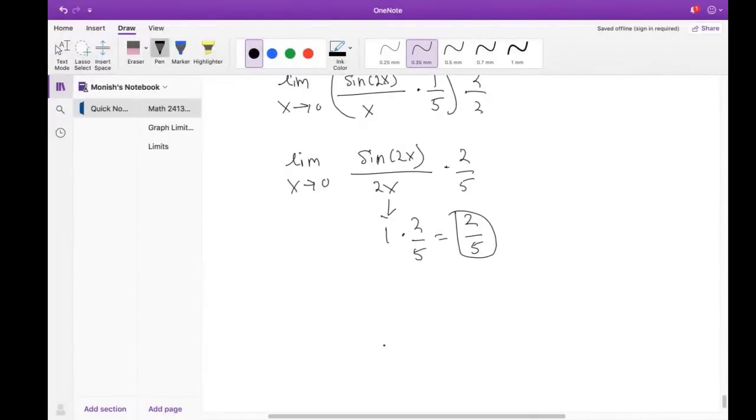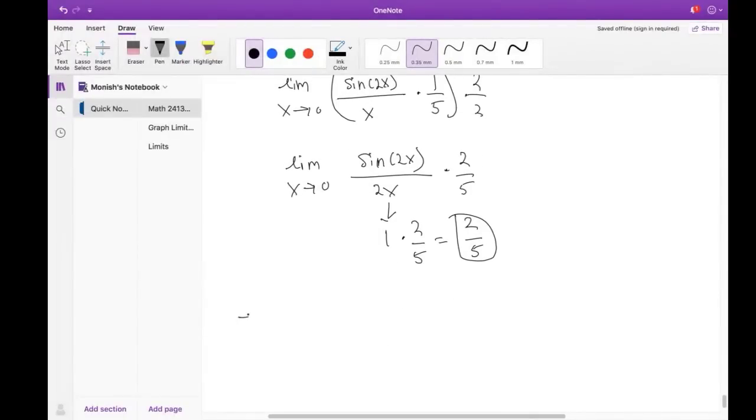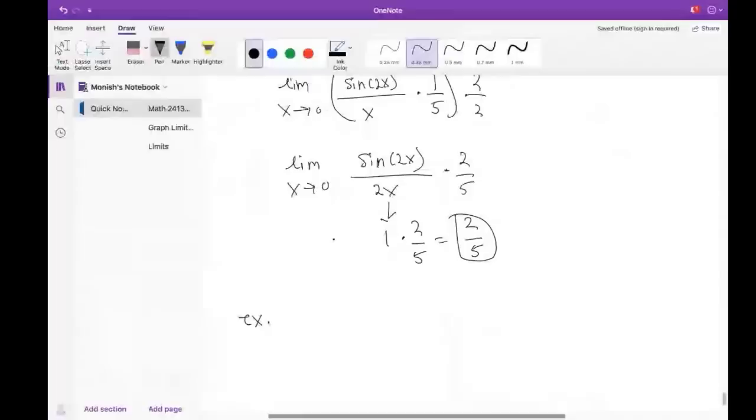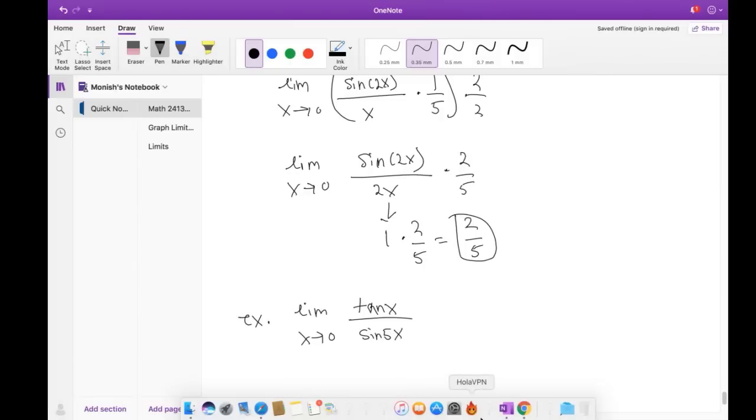Okay, so a combo of tan and sine: tan x over sine of 5x. So you want to do something like that.